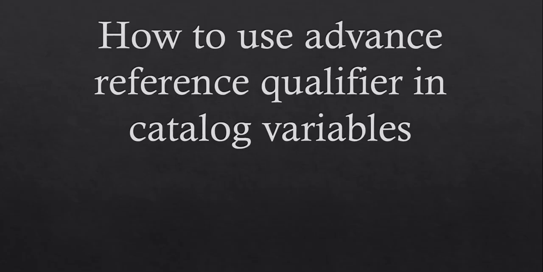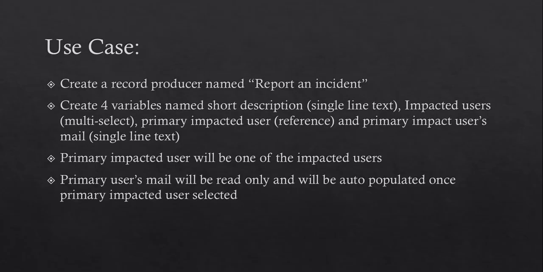For implementing this, we have one use case: create a record producer named Report an Incident, and create four variables in it. The first variable is short description, the second is impacted users, the third is primary impacted user, and the fourth is primary impacted user's email.